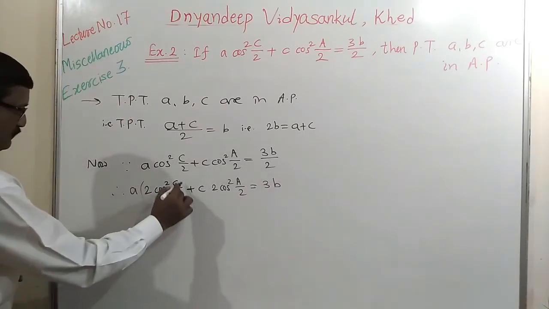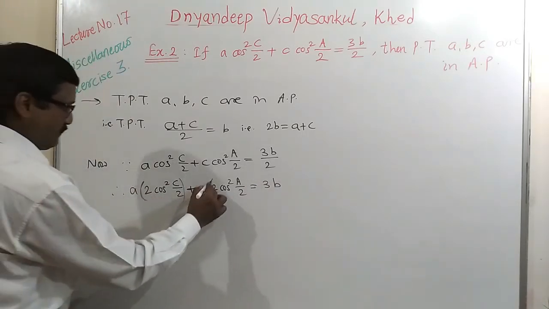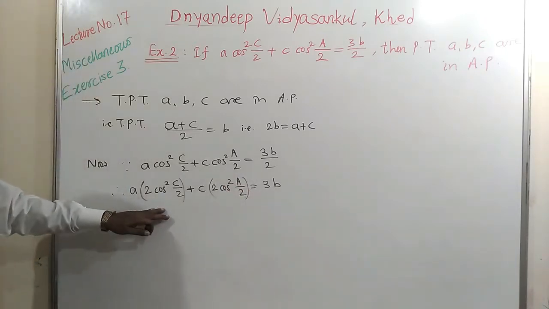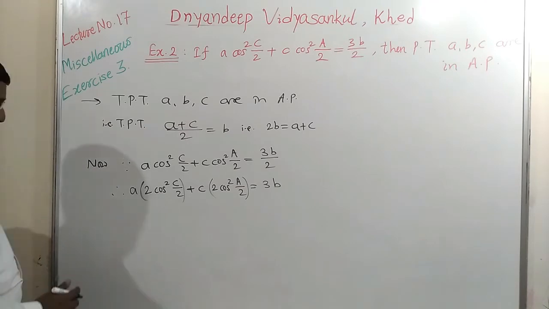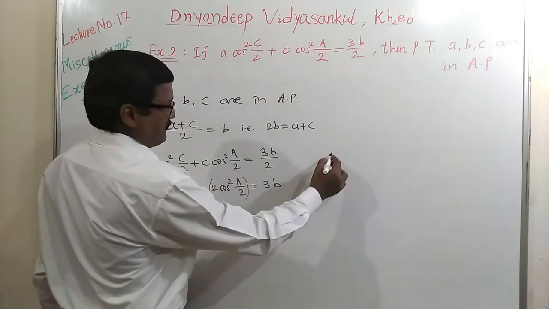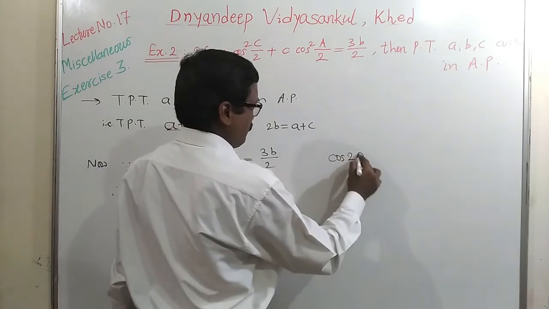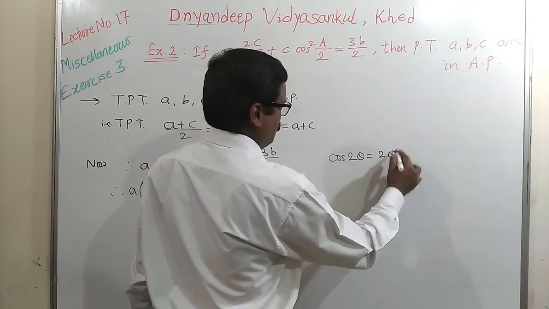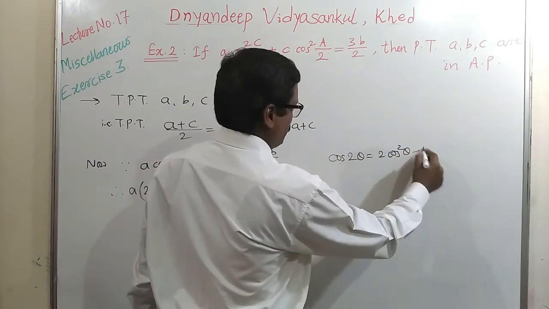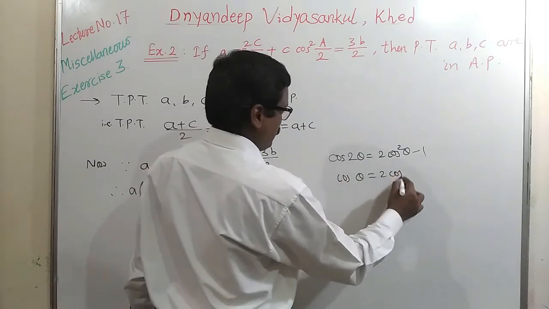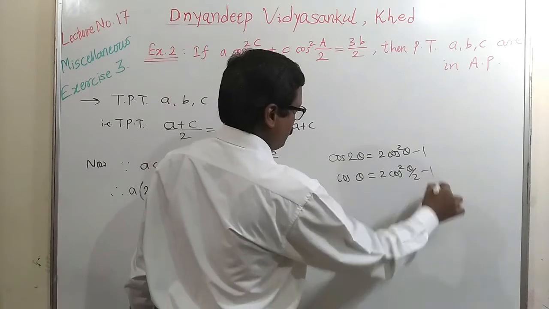Now for 2 times cos square C by 2 and 2 times cos square A by 2, we have the half angle formula: cos 2 theta is equal to 2 cos square theta minus 1, or cos theta is equal to 2 cos square theta by 2 minus 1.